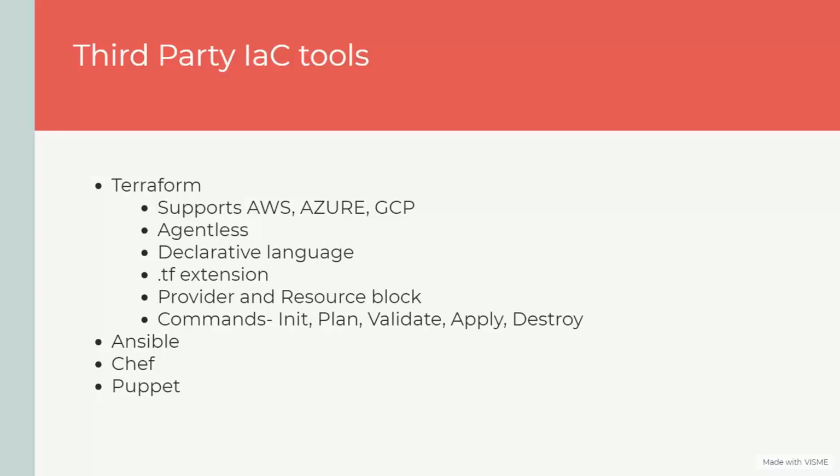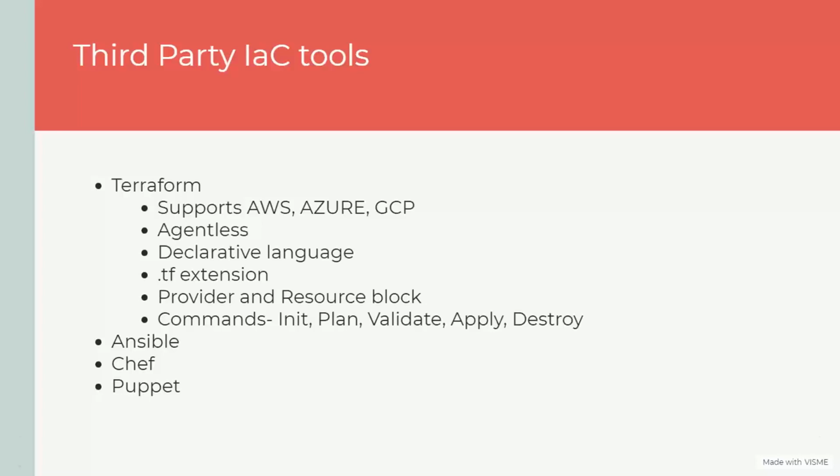Maybe the agent is involved only from the Azure cloud side. And then it is a declarative language. For example, we declare how the environment has to be built, and in a similar way Terraform will create the infrastructure for us.